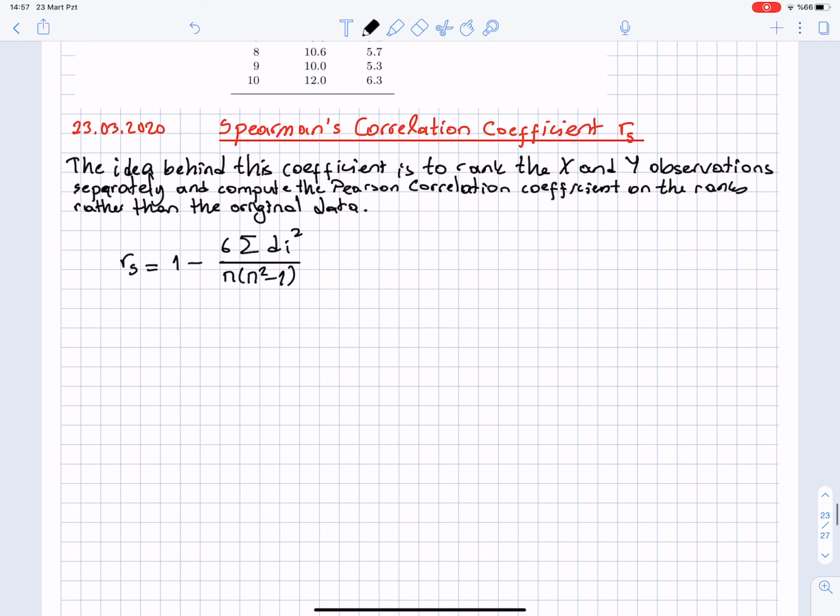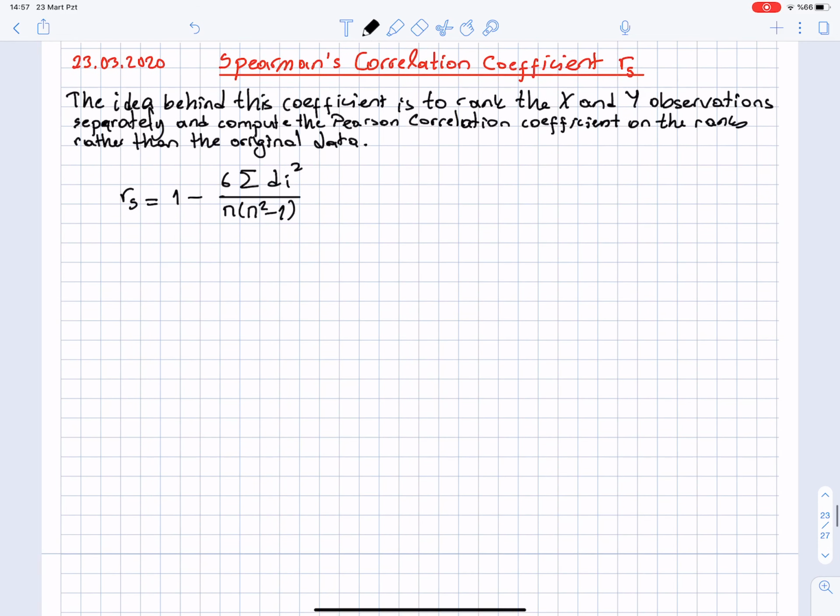So the calculation is pretty simple. Where di equals the rank of xi minus the rank of yi, that's the difference. And n is the sample size, of course.